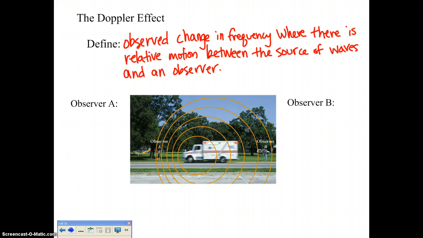So look at observer A right here. The space between these waves, the wavelength, is what we're measuring, and it seems to definitely be less for observer A than it is for observer B's wavelength.